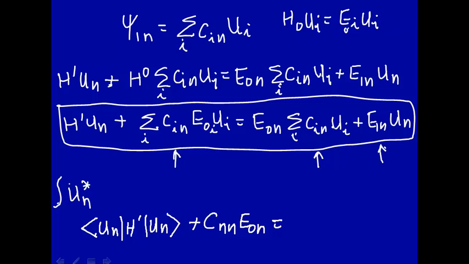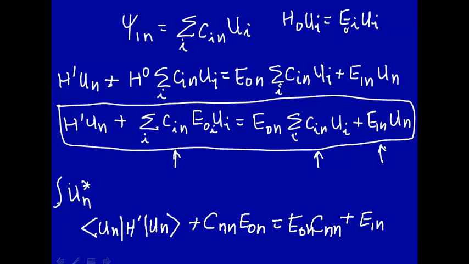The only thing that will come out here is when i is equal to n, otherwise it's 0, and when i is equal to n, the integration there will be 1. So this would just be E0n times Cnn, plus E1n, and again multiplying by un star and integrating over space, it's an orthonormal set, so that's equal to 1.